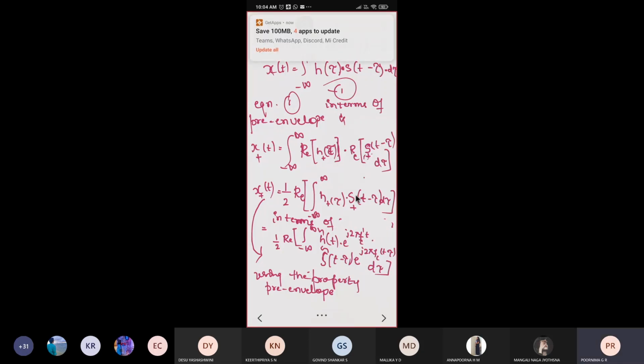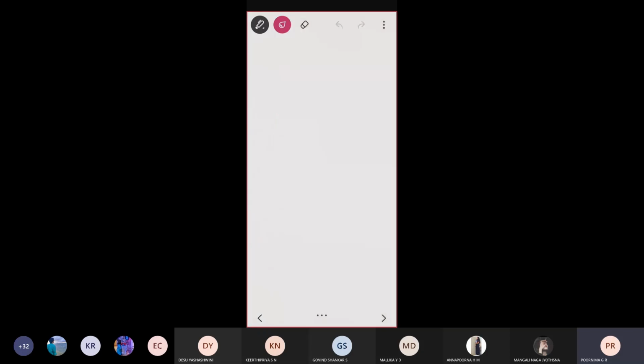Okay, in terms of the pre-envelope equations, if you are replacing h plus of tau and s plus of t minus tau, how do you represent that? Anyhow, I'll write it separately on the next page as a separate equation.